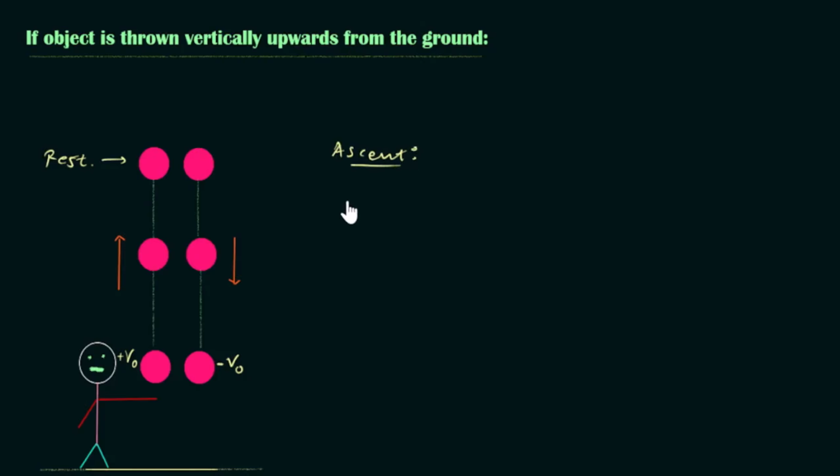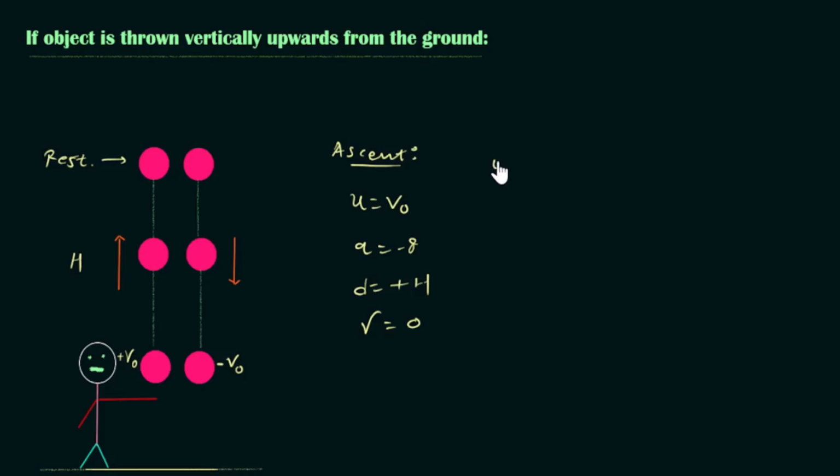The initial velocity u is taken as positive, which is v naught. Acceleration is minus g. The displacement is upward, so we take this height as h, and the upward displacement is plus h. At the maximum height the object is at rest, so the final velocity is 0.